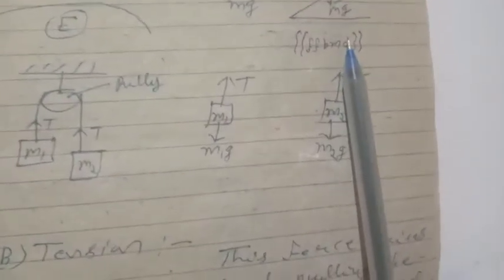In the case of a pulley string system, consider this body: tension is acting in the upward direction and weight is acting in the downward direction. Same case for this body.